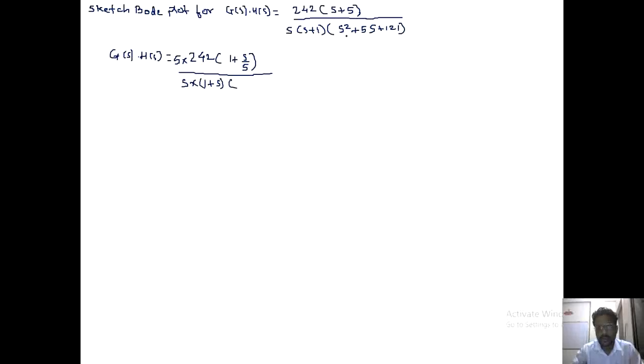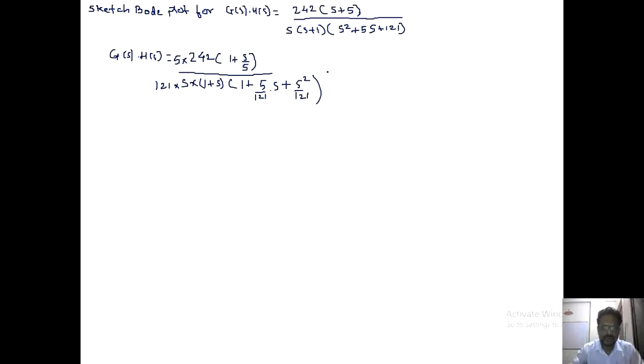And for the quadratic pole, here we again want 1 plus s form, so we will take out 121 as a common, so 1 plus something of s plus s square by that term. So here 121 is taken as a common, and what remains is 1 plus 5 by 121 into s plus s square by 121.